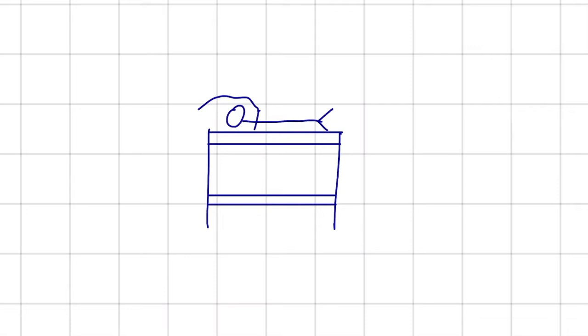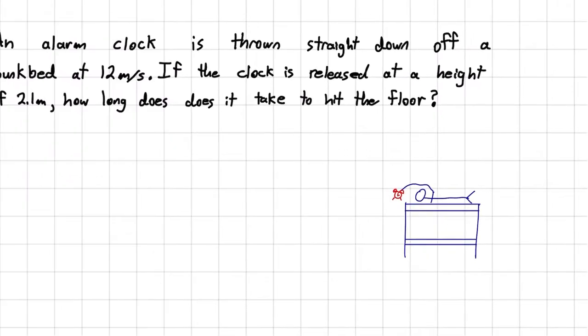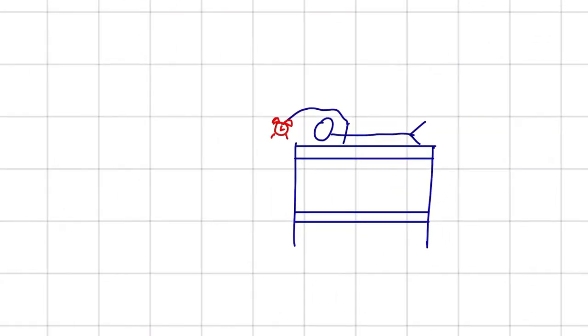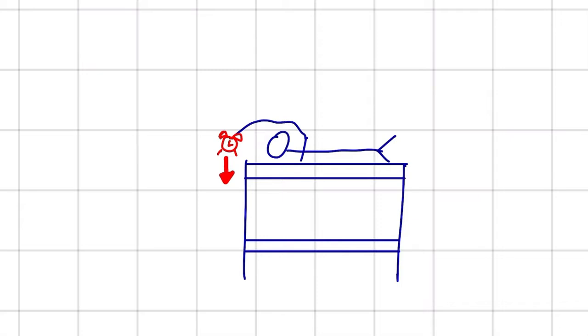We're going to have a long arm that is holding an alarm clock. There's our little alarm clock, and we are going to be throwing it straight down at a speed of 12 meters per second.